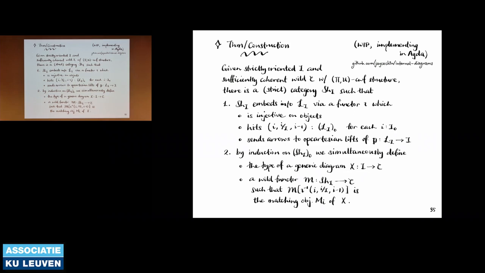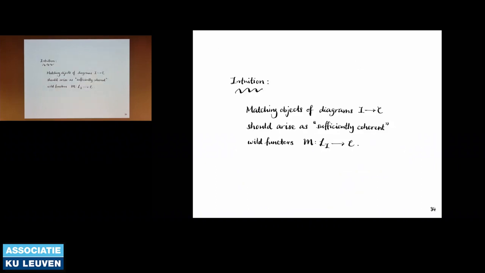What does it say? Well, given a strictly oriented inverse category and a nice enough coherent wild category C with a Pi and universe CWF structure, first of all, what we do is we construct another category that I called a category of shapes. And the intuition is that this category of shapes approximates the category of co-sieves L over which we construct the matching objects.